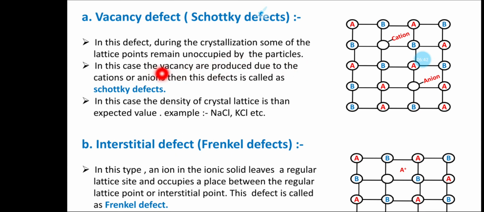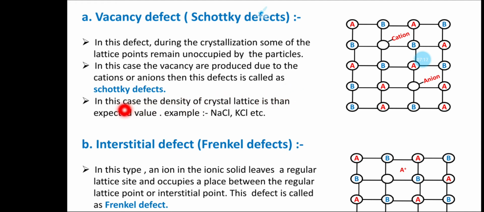When the vacancy is produced due to a cation or anion, this defect is called a Schottky defect. In this defect, the density of the crystal lattice is less than the expected value, obviously, because in a perfect crystal, when one of the particles, cation or anion, is vacant, the density is ultimately less than the expected value.